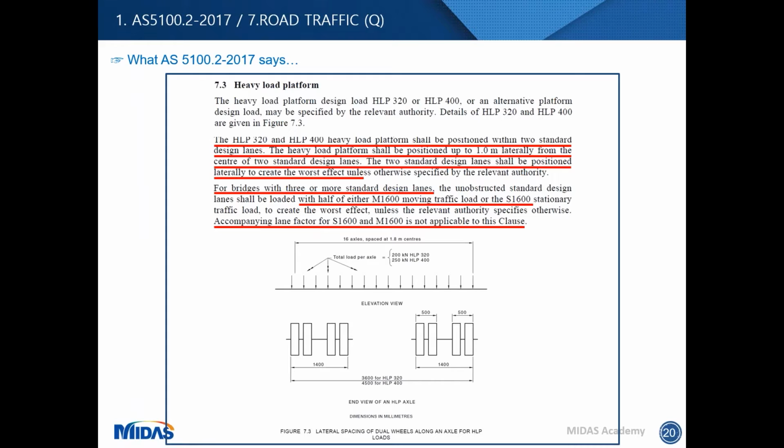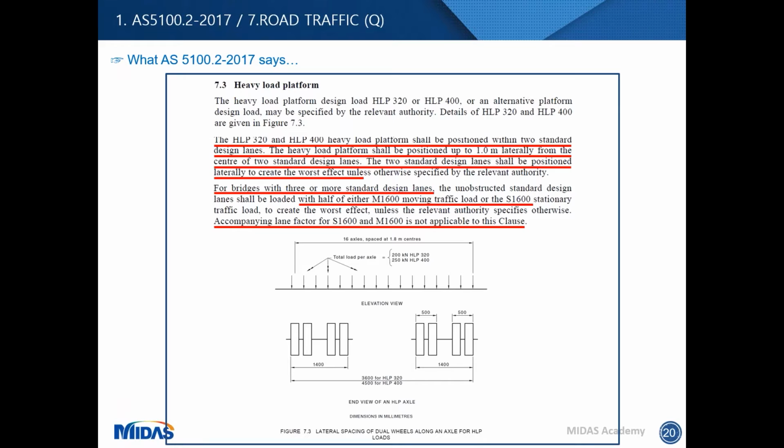So when you have a look at the clause number 7.3, it says the heavy load platform shall be positioned within 2 standard design lane. This is something different from other SM1600 vehicles.